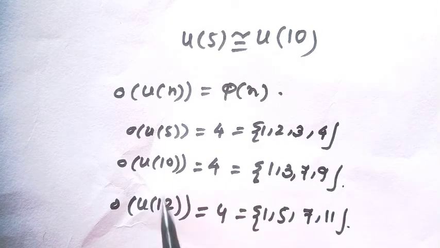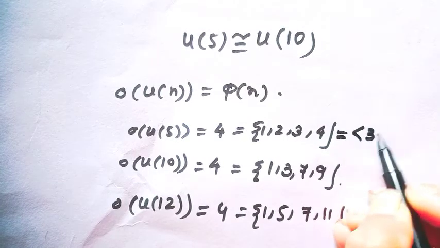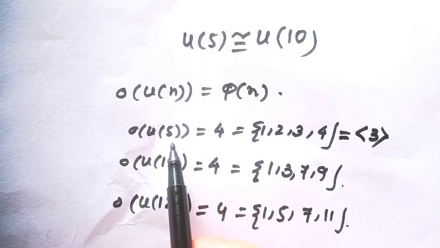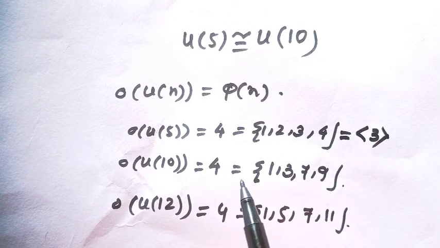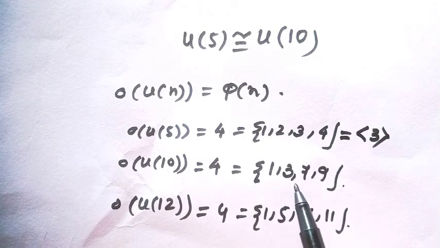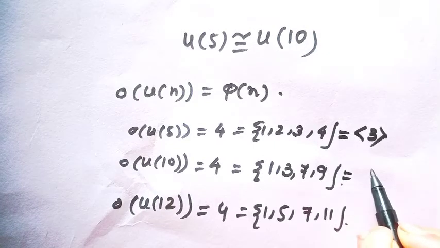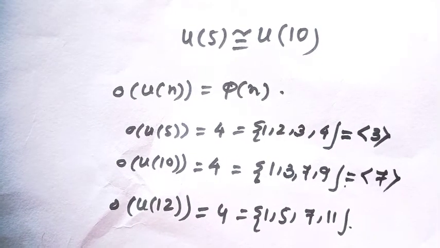And I have seen the cyclic subgroup generated by 3 generates the whole group U5. Similarly, the order of U10 equals 4, which contains 4 elements 1, 3, 7, 9, and the cyclic subgroup generated by 7 generates the whole group U10.